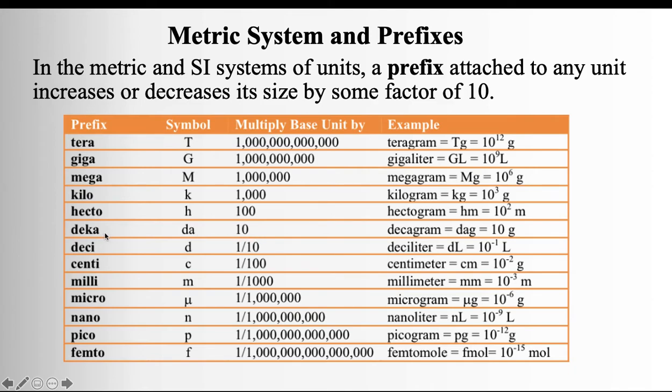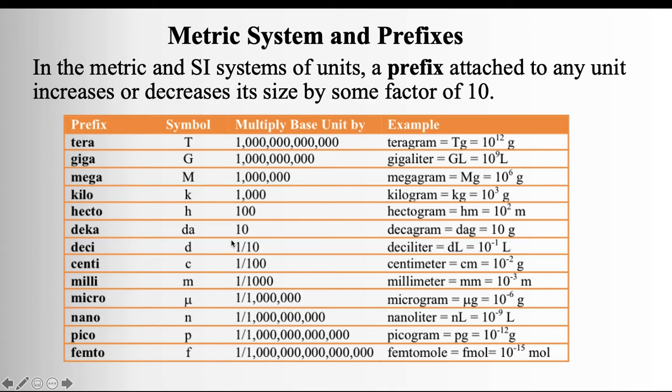And then the deca, for example, which is abbreviated DA, is 10 times that base unit. So if I have a decaliter, that means I have 10 liters. A hectoliter has 100 liters, etc. So here's a kiloliter, that's 1,000 liters. Every time I increase in steps from my base unit, I increase by a factor of 10.